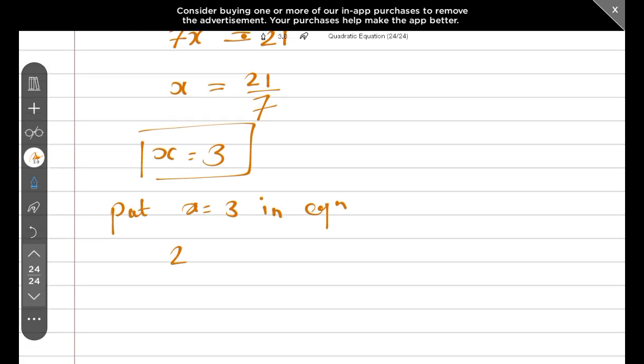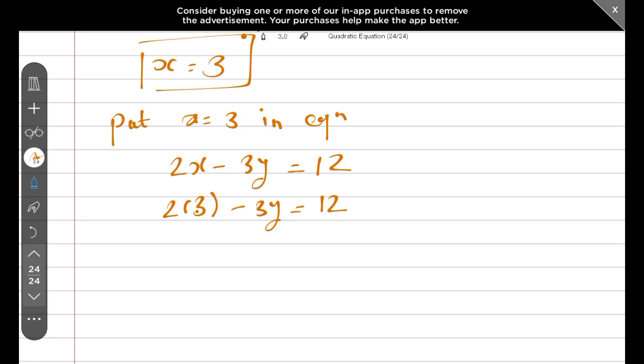So take this one, 2x minus 3y is equal to 12. What is the value of x? It is 3. So 2 into x means 2 into 3 minus 3y is equal to 12.